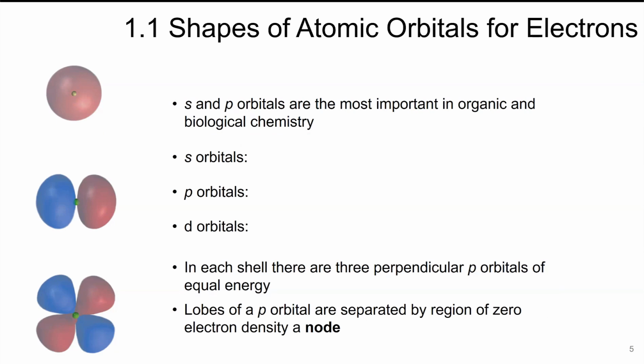S and p orbitals are the most important in organic and biological chemistry. S orbitals are spherical and have the nucleus at the center. So this one here is an s orbital. P orbitals are dumbbell shaped or kind of look like peanuts, and the nucleus is at the middle.